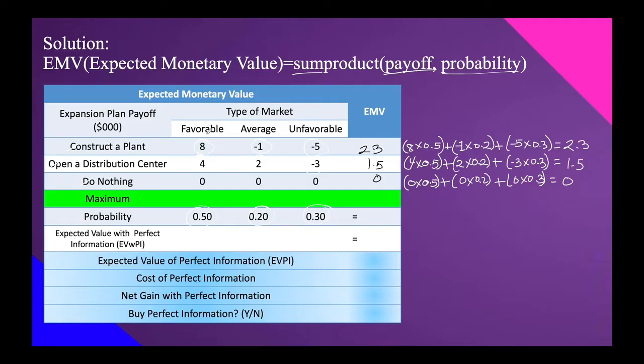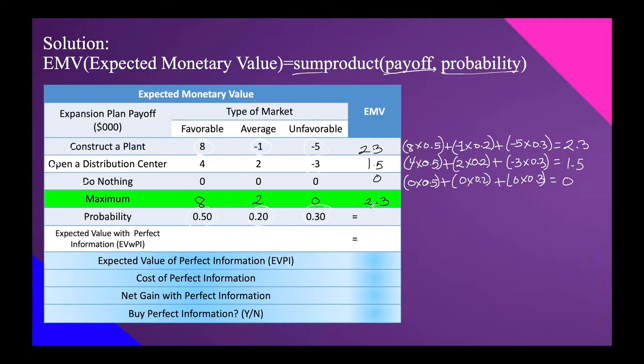So, maximum for favorable market, that is 8. Maximum for average market, that is 2. Maximum for unfavorable market, this is 0. And maximum for EMV is 2.3.